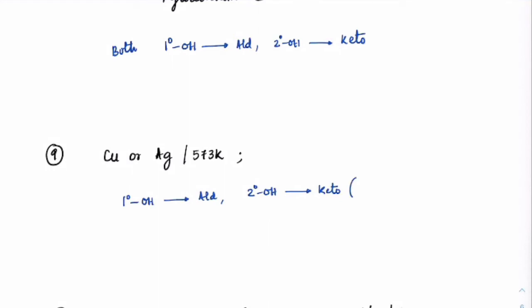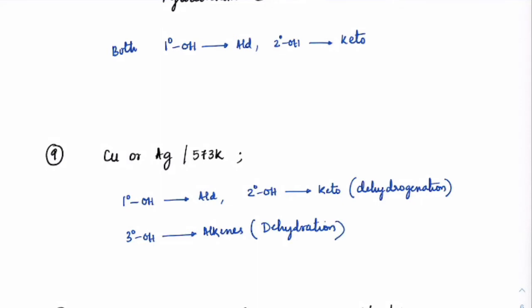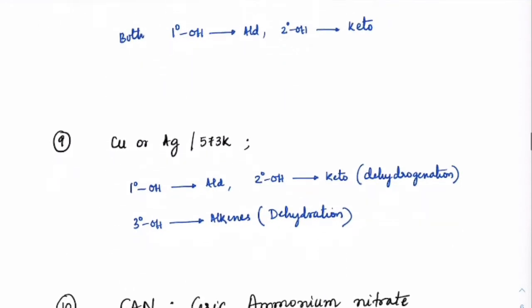And this is dehydrogenation. But if you take 3 degree alcohols, they will convert into alkenes, and it is undergoing dehydration. Got it? This is what happens with copper.